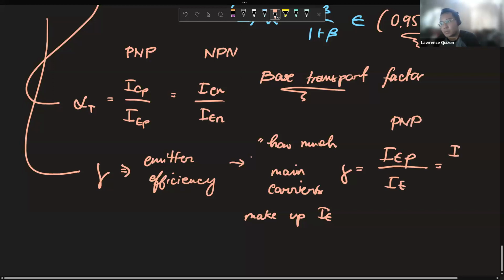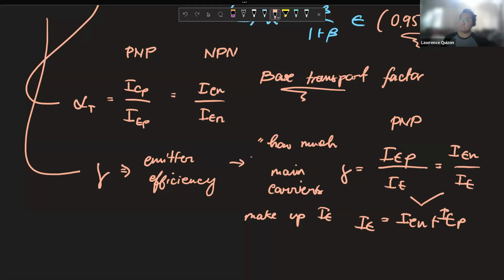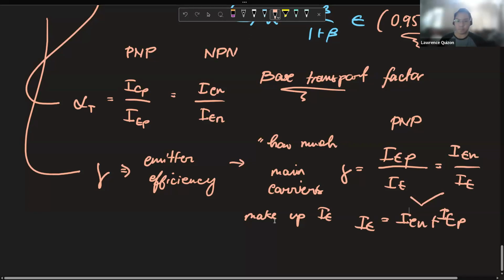For NPN, this would be IEN. And IE is just equal to IEN plus IEP, regardless of the type of BJT, right? So those are your performance parameters.